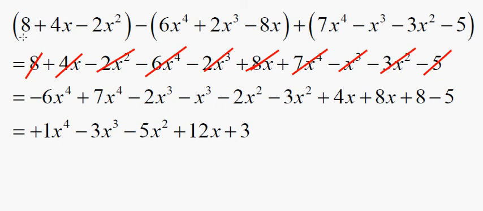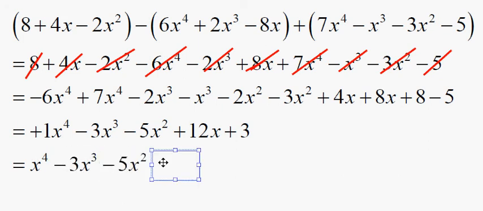Like for instance up here we have 8. There's no plus in front of that. It's understood that that's 8. It's an implied plus. So in this case we don't really need this plus. So if we want to, we can just rewrite it again. Just x to the 4th. And we'll write these other terms in. They don't change. And that's it. That's our answer.